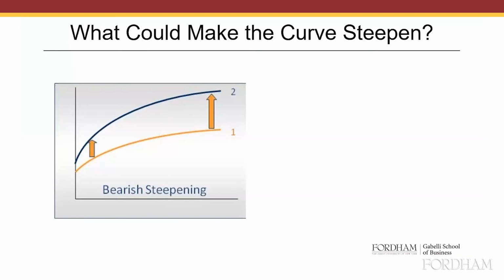Well, we have talked about the curve flattening, and we have talked about an inverted yield curve. So what could make the curve steepen? Here, we are looking at a bearish steepening scenario. Why is it called bearish? Well, you can see that interest rates move up. When interest rates move up, bond prices drop. Bond prices drop, there's a bear market for the bond people.